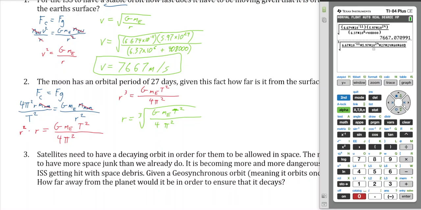So we need seconds, right? So that would be roughly correct. And then 4 times pi squared on the bottom. Yeah, I didn't square the time.